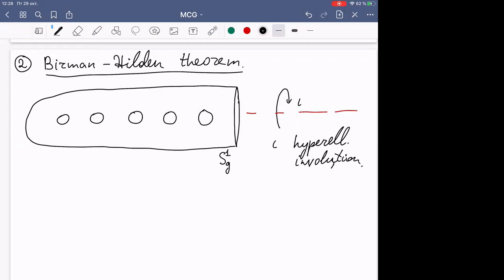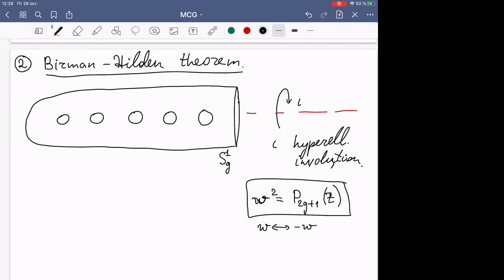If we have a hyperelliptic curve, okay, let us use complex notation, W squared equals Z. Then such a particular curve is called a hyperelliptic curve, and it has an involution which just takes W to minus W.